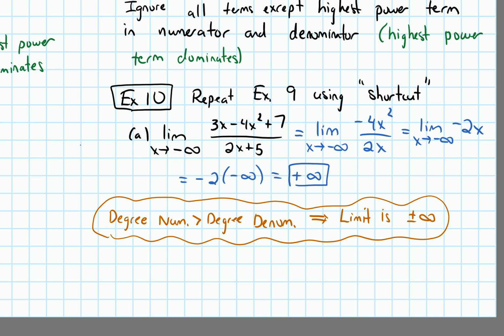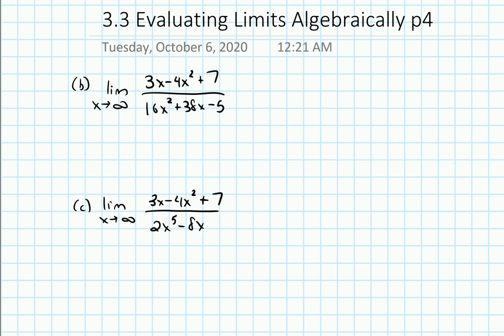All right, let's do our other two examples from the previous video using the shortcut. Example B was this infinite limit, and I've already expanded out the denominator. Using the shortcut, the limit as x approaches positive infinity, the highest power term on top is negative 4x squared, and on the denominator is 16x squared.